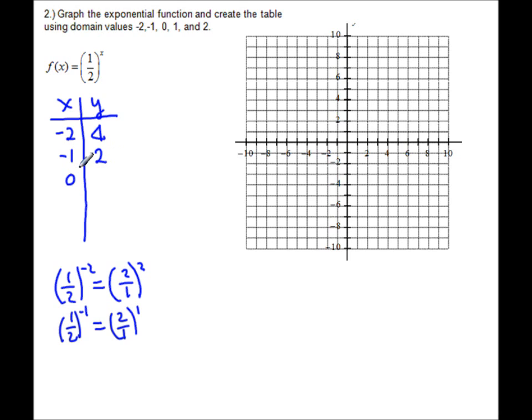Then we're going to use 0, and when we take 1/2 to the 0 power, well, anything to the 0 power is going to be 1. And then we have 1, so we have 1/2 to the first power, which is 1/2.